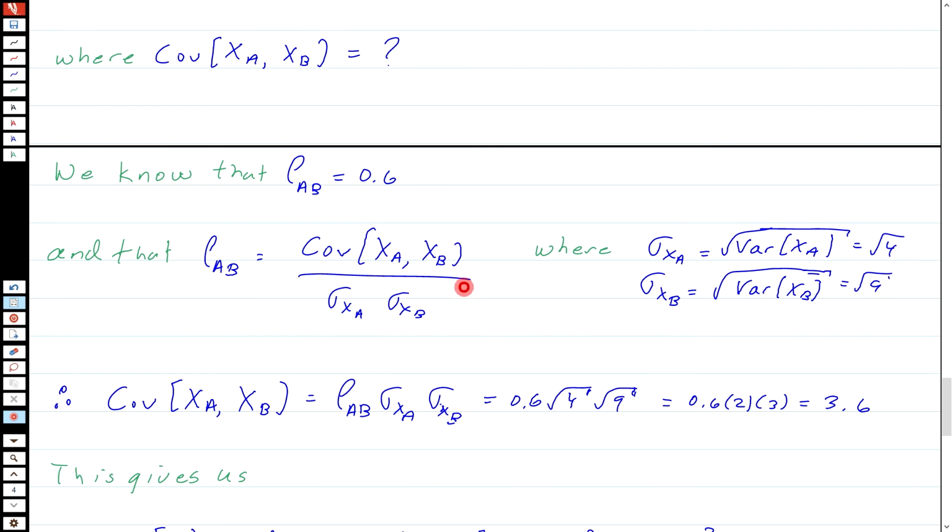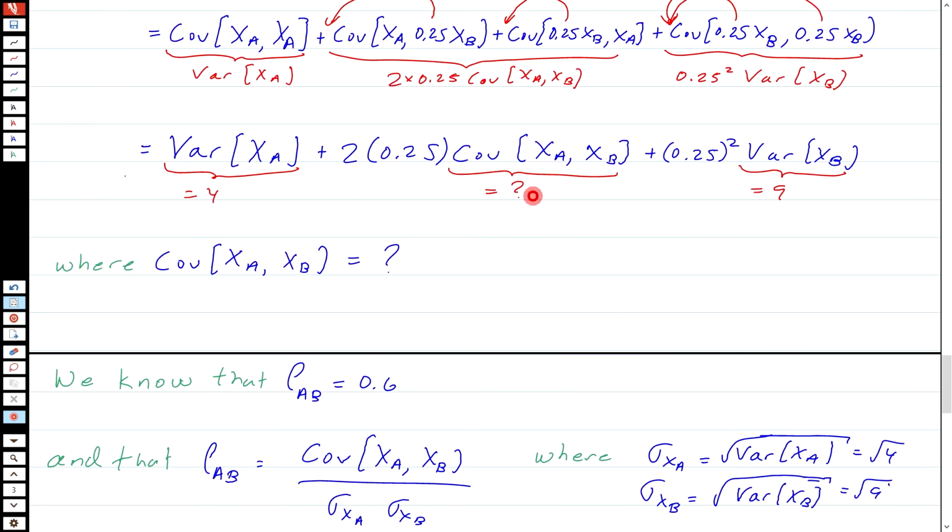Okay, so now I can solve this equation for the covariance of XA, XB by multiplying rho AB by these two things down here. I know the correlation coefficient is 0.6, times the square root of 4 times the square root of 9, is 0.6 times 2 times 3, which is 3.6. So the covariance between XA and XB is 3.6.